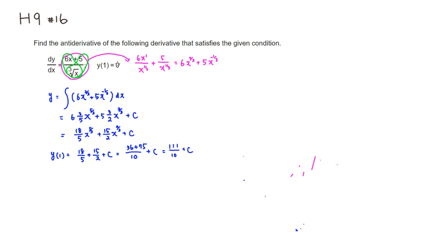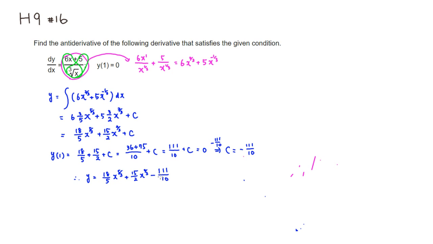But we know that this is supposed to be equal to 0, which means that we subtract the 111 over 10, so c is equal to negative 111 over 10. Therefore, the y function is 18 over 5 x to the 5/3 power plus 15 over 2 x to the 2/3 power, and c came out to be negative 111 over 10.